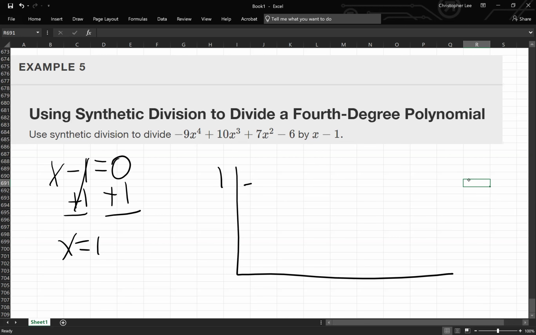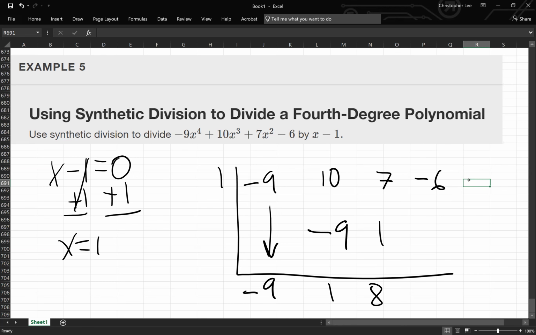Write down the coefficients. I have negative 9, 10, 7, negative 6. Bring this down. I have negative 9. Now, 1 times negative 9 is negative 9. I'm going to add it. 10 plus negative 9 is 1. 1 times 1 is 1. Now, 7 plus 1 is 8. 1 times 8 is 8.